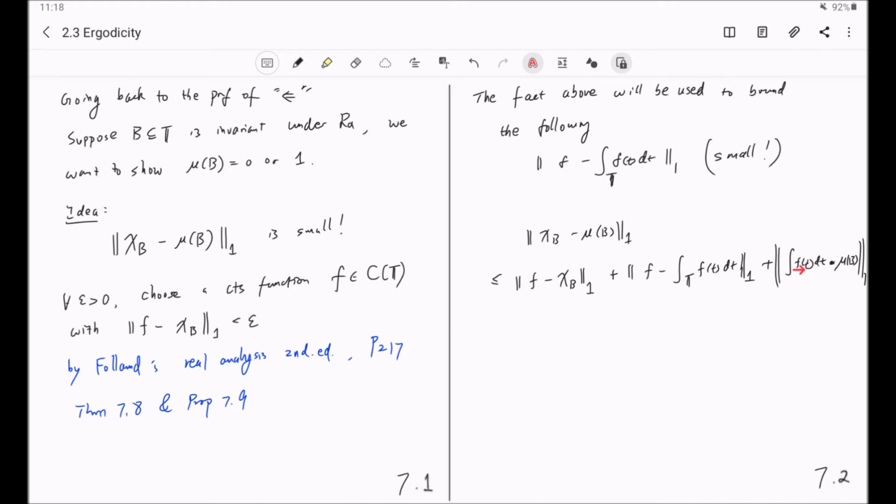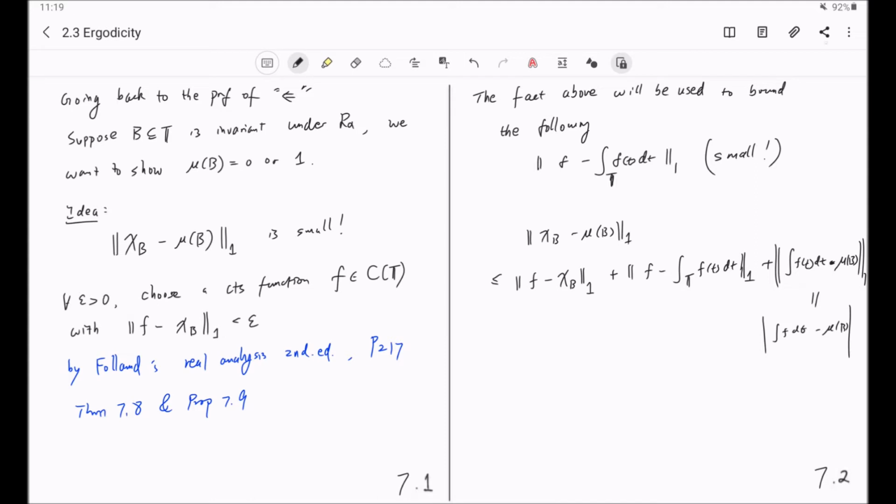Actually, this average and this measure are both scalars, which means this L1 norm is nothing but the absolute value, because our integration is taken over the circle, and that circle has full measure 1. So this part will simply be equal to the absolute value of the difference between the average of the function and the measure.